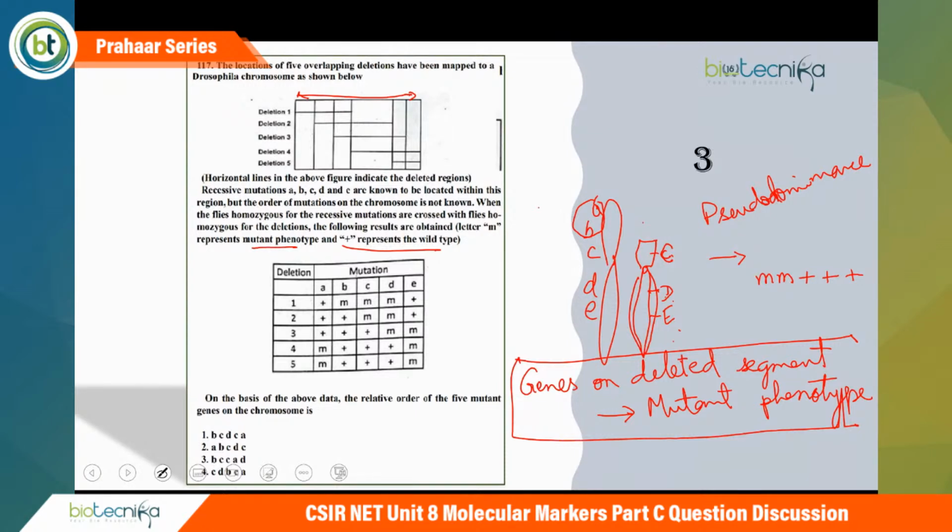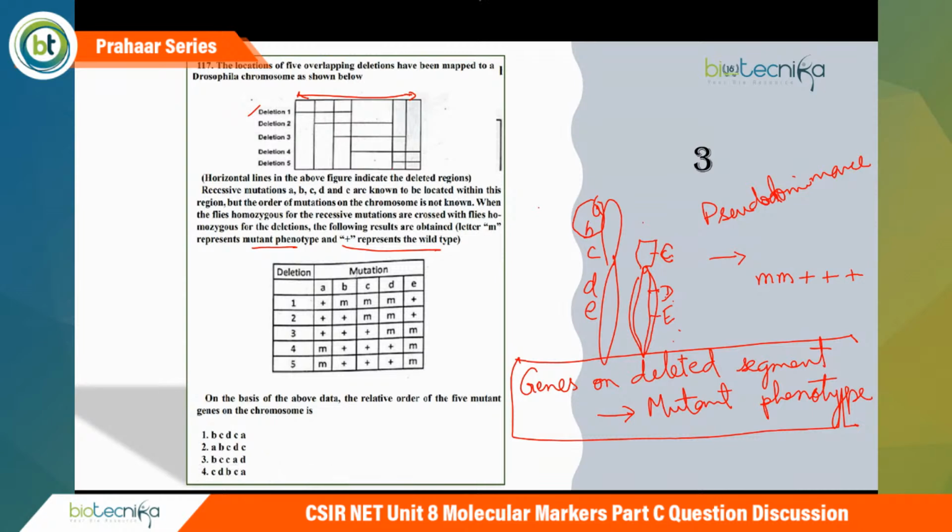Now with this, let's come back to the table here, this first table, the deletion. Just looking at the deletion, let's assign the phenotype. You see the entire chromosome has been divided into 6 sections.